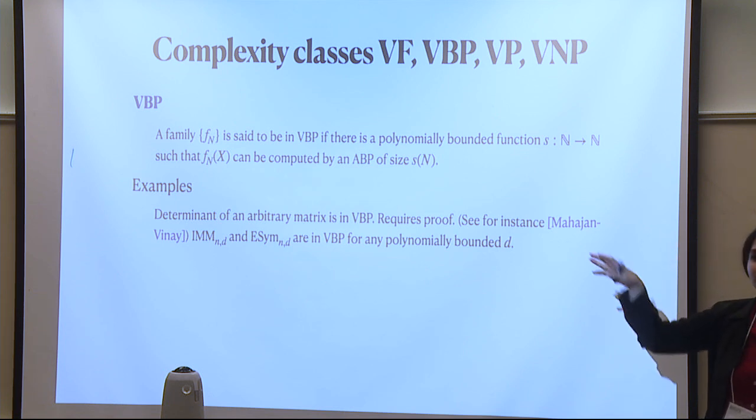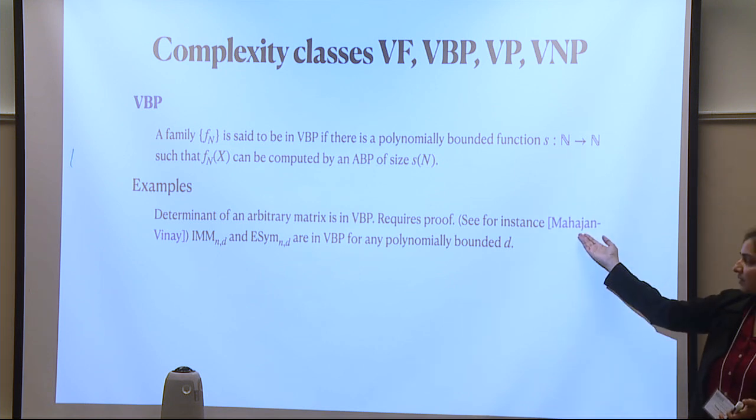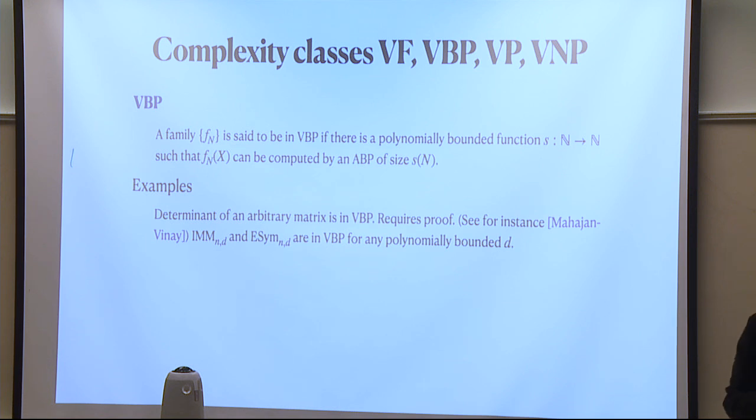That is in VBP. It's not so straightforward to see the upper bound of VBP for that polynomial, but there are very clever constructions that show that it is in VBP. I highly recommend reading the construction that is in the paper by Mahajan and Vinay. It's very beautiful.